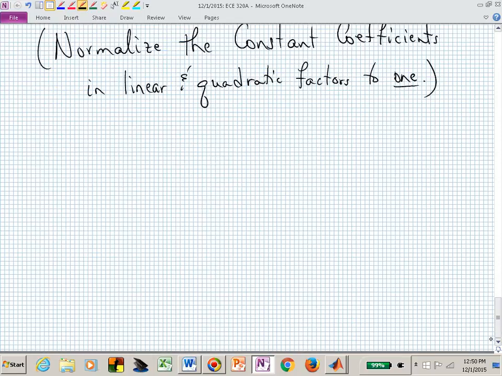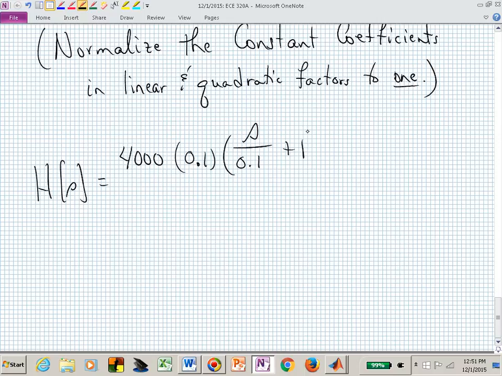If we do that in this particular transfer function, we started with 4,000. Then in the numerator, if we pull out the constant associated with the location of that 0, that was 0.1. We now have s over 0.1 plus 1.